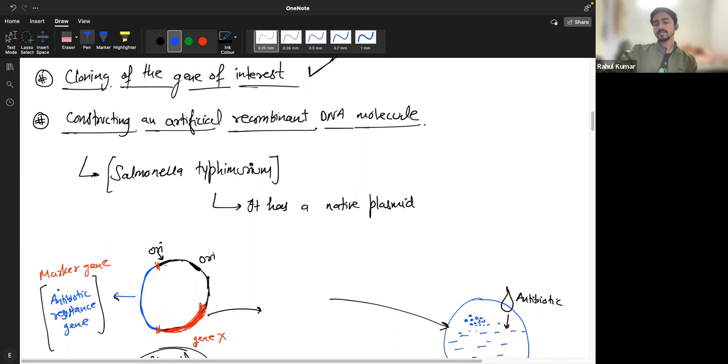This marker gene is mostly an antibiotic resistance gene, so if these bacterial colonies survive in an antibiotic medium, it means the plasmid is successfully expressing. And if the antibiotic resistance gene is expressing, clearly our gene X, which is also part of that plasmid, must also be replicating and expressing, correct?